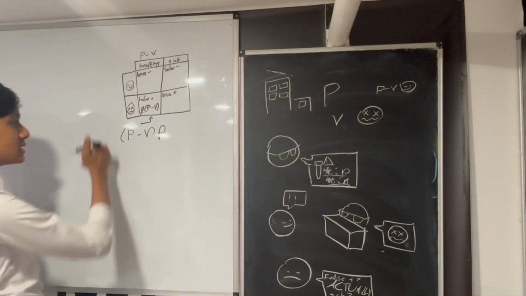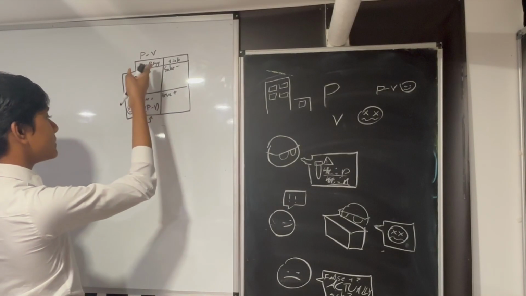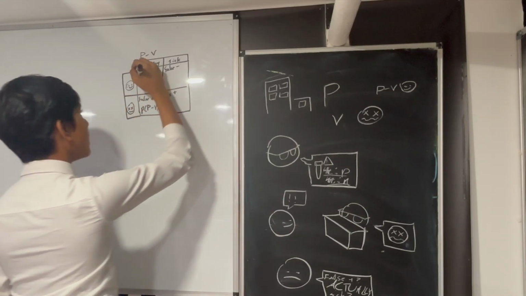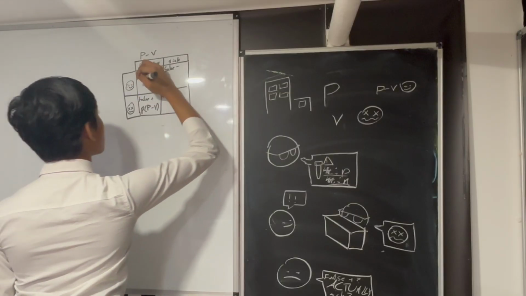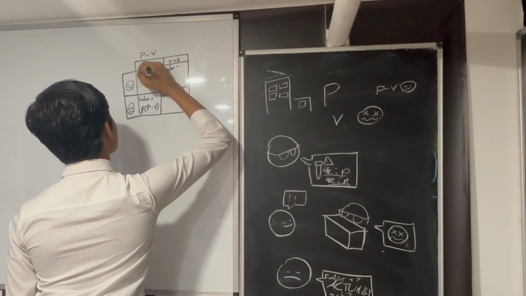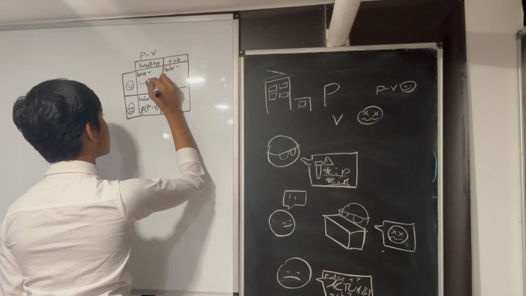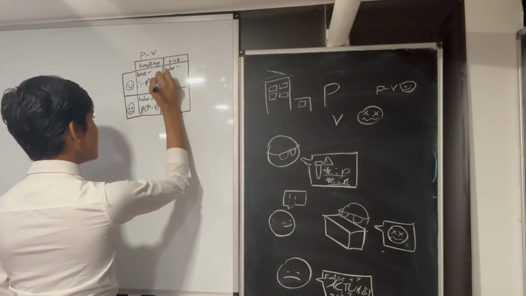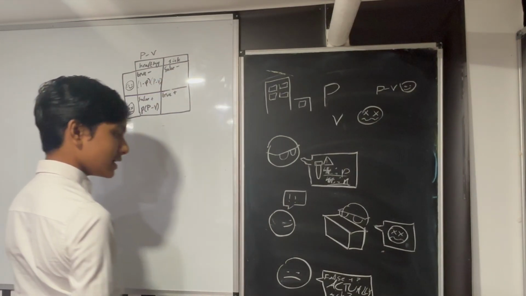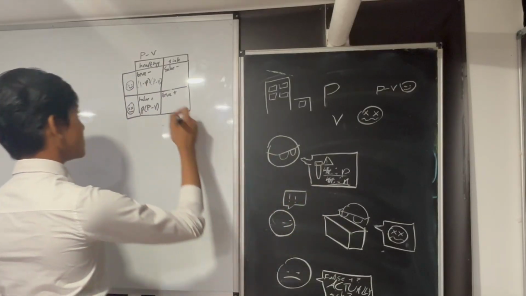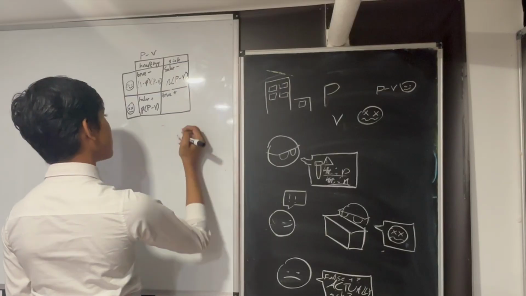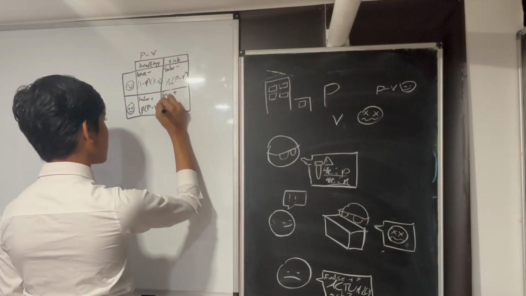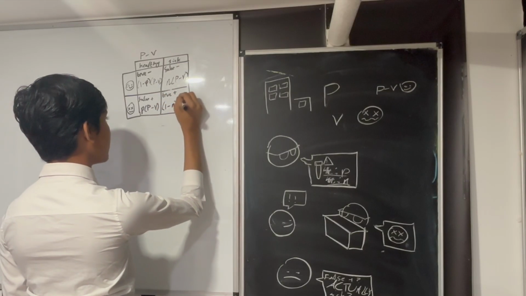And hence, since the total number of healthy people should be P minus V, that implies that this is just going to be P minus V minus this, which is 1 minus P times P minus V. Now, similarly, the rate of false negatives is N, so this is going to be N times P minus V. Meanwhile, the rate of true positives is going to be 1 minus N times P minus V.